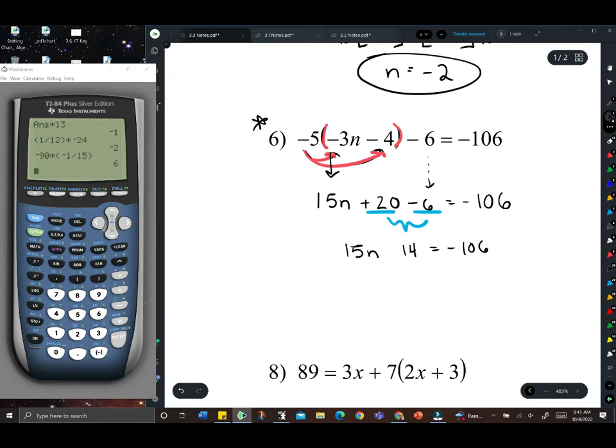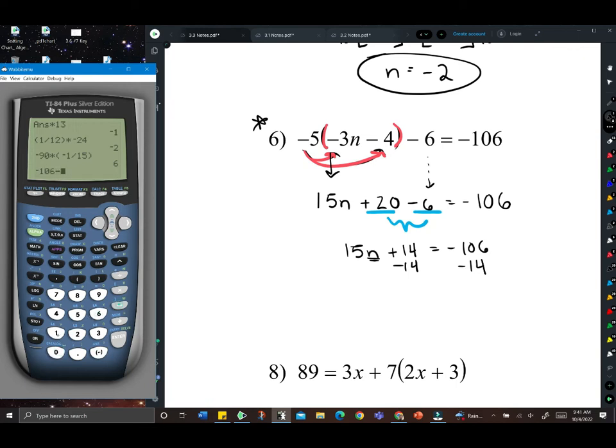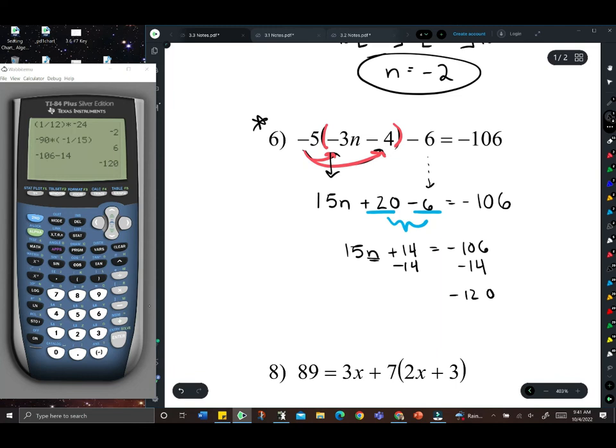And we still have the 15n. So take these little steps. It makes your life easier. Then we need n by itself. We're going to subtract the 14. Negative 106 minus 14 is negative 120.